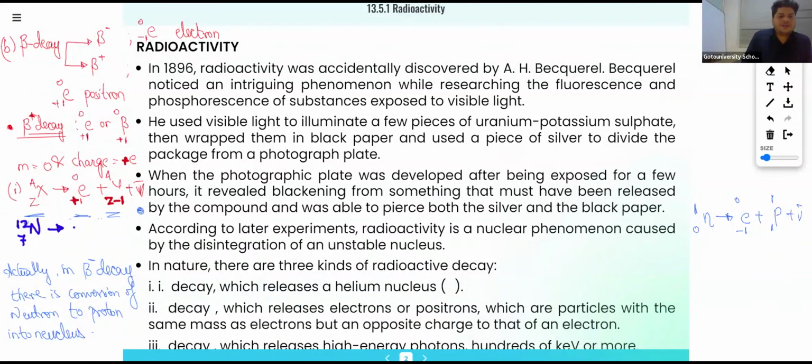From this a positron is released, and 7 minus 1 will be 6, plus the neutrino. In beta plus decay there is a conversion of proton to neutron.